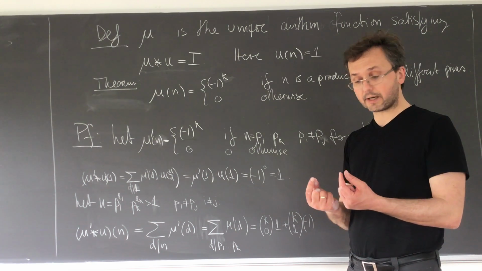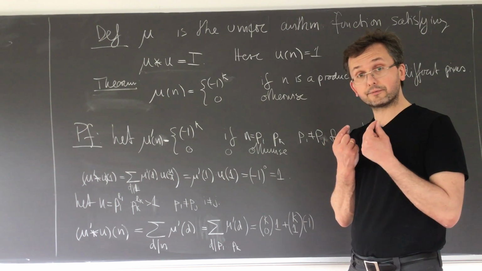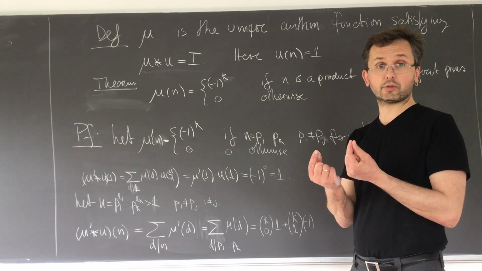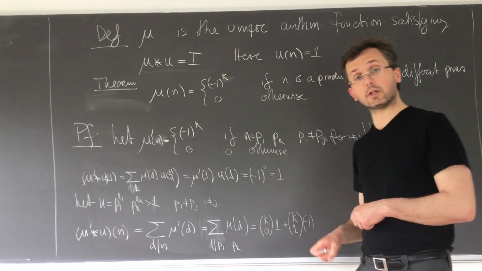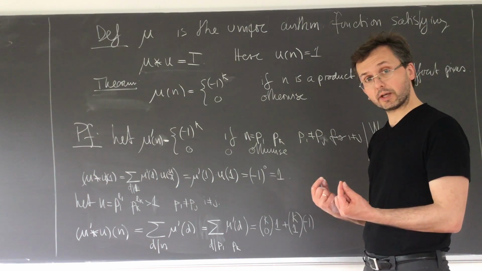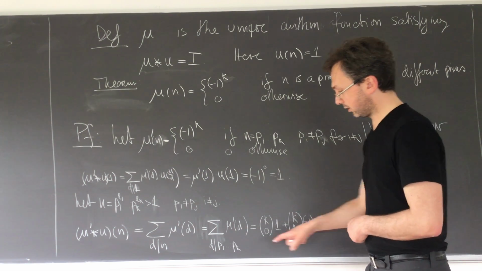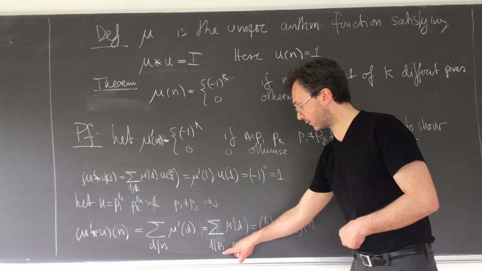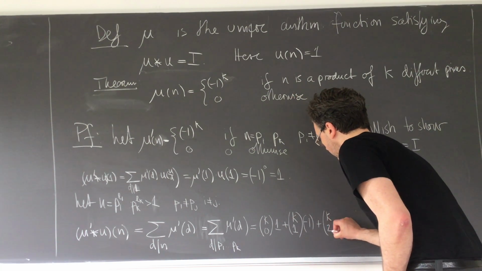Then I look at all the divisors that are a product of 2 primes, p times q, where p and q are among these primes. How many ways can I form such a divisor? I have to take 2 primes out of these k primes, so that's k choose 2.